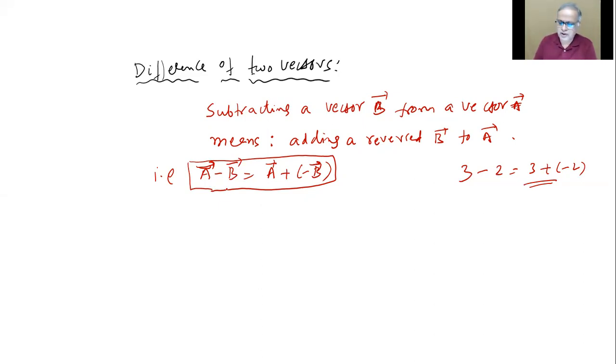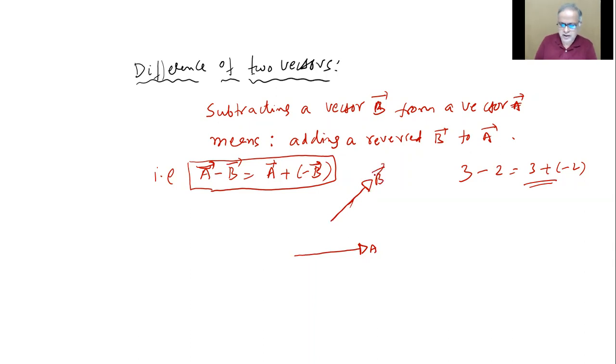Okay, let me show it geometrically also. I'll later talk about the physical significance of it. I have two vectors like this. Say this is vector b somewhere there.